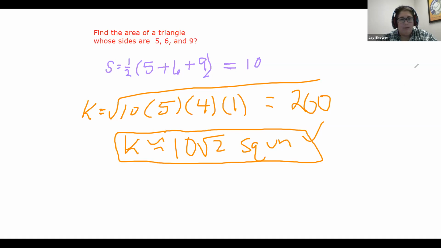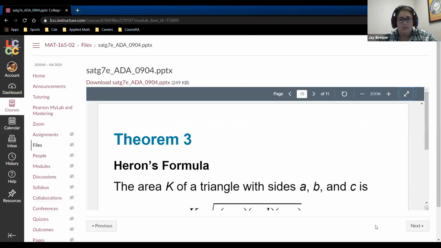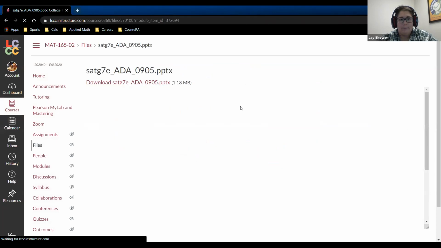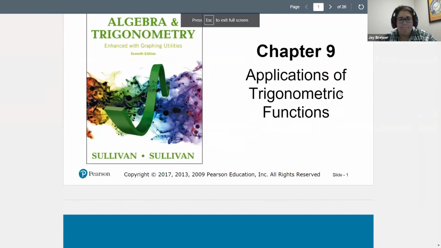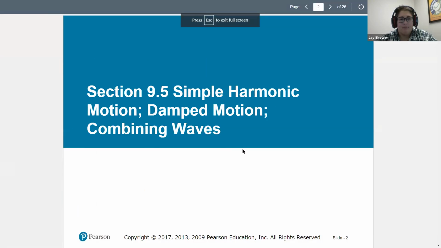We have 40 minutes, so we're going to try really hard to get through the last section. All right, so we're looking at section 9.5, simple harmonic motion, damped motion, and combining waves.